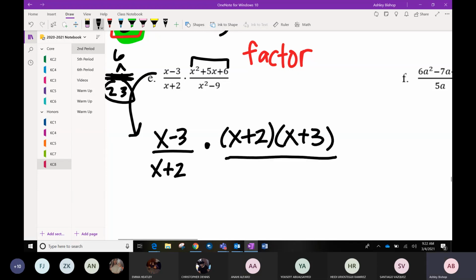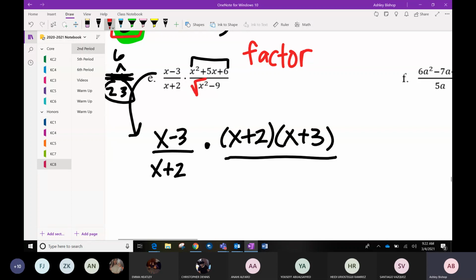Alrighty, divide that by, and then the bottom here, I'm not going to find the factors of 9 that add to, well, that doesn't even make sense. I have two things that are being subtracted, and my first thing is an x squared. So again, that's a difference of 2 squares problem. The difference of 2 squares are not going anywhere.